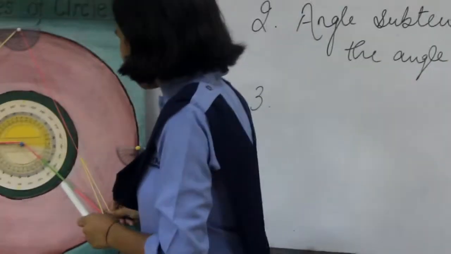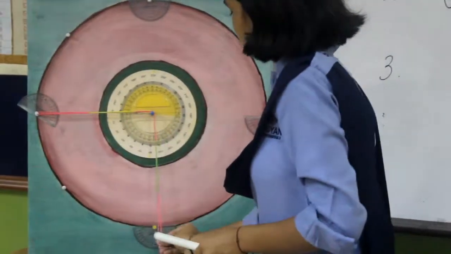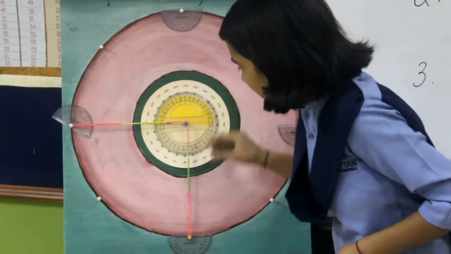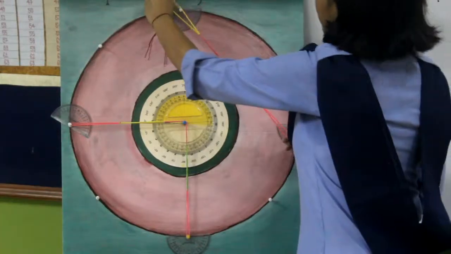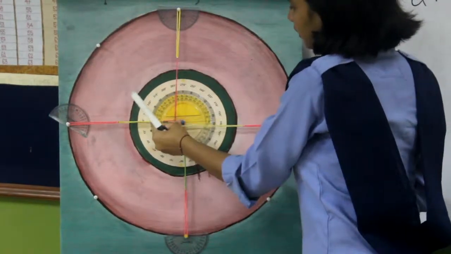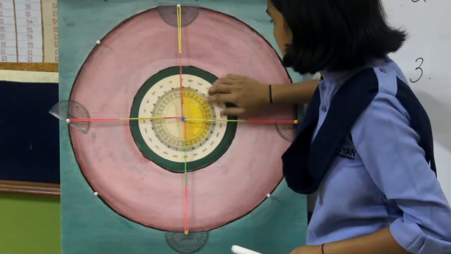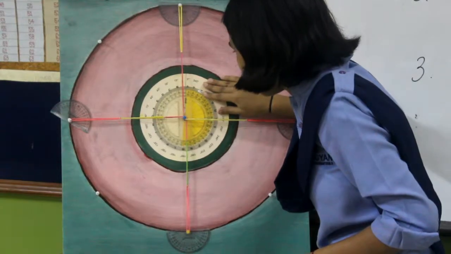Now, if we take this angle, we get that it measures around 90 degrees, and if we take another angle here, we can measure this angle, and it is also around 90 degrees only.